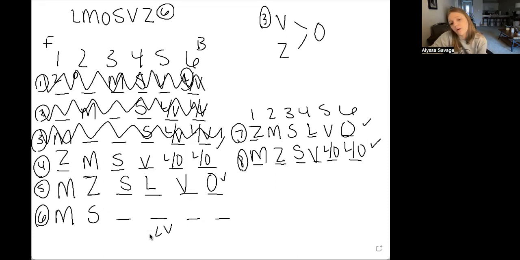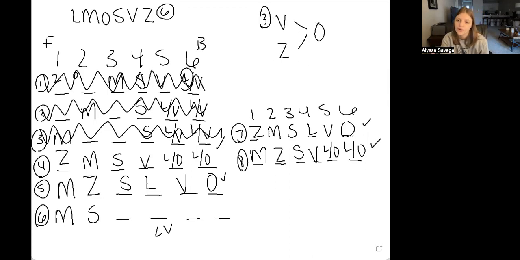And no matter where I put L or V, it's going to follow my original rule that it has to come after S. So I'm going to work my way backwards on this 3rd rule because there's more variables that have to come before O than there are variables that have to come after V or after Z. So if I figure out how early my O can go, it's going to help me.